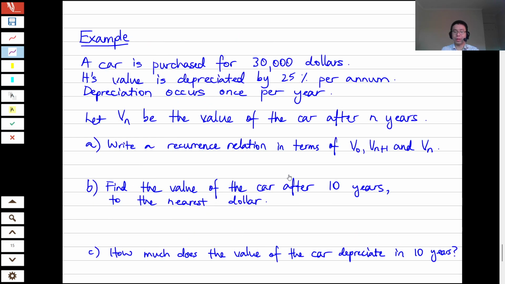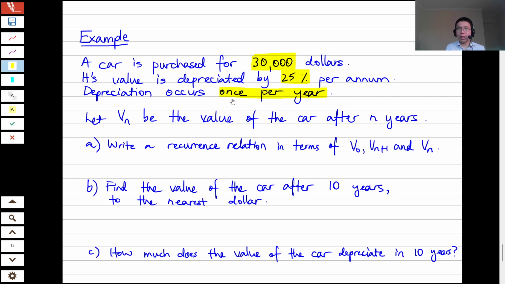So let's do an example. Suppose we buy a car for $30,000. So a brand new car, sort of a car on the cheaper side, and we're going to depreciate it by 25% every year, once per year.